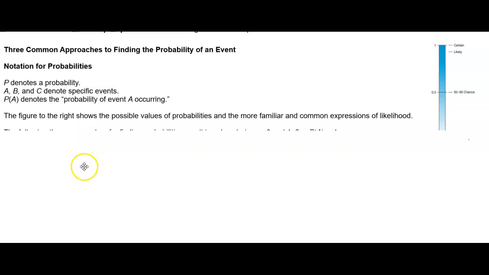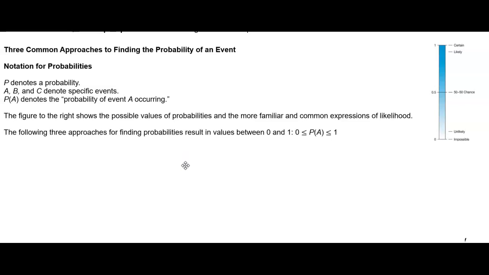If we take a look at the figure to the right, it shows the possible values of probabilities and the more familiar and common expressions of likelihood. A value of 0 would be impossible. Right above the 0 is unlikely. In the middle, 0.5, is basically a 50-50 chance.